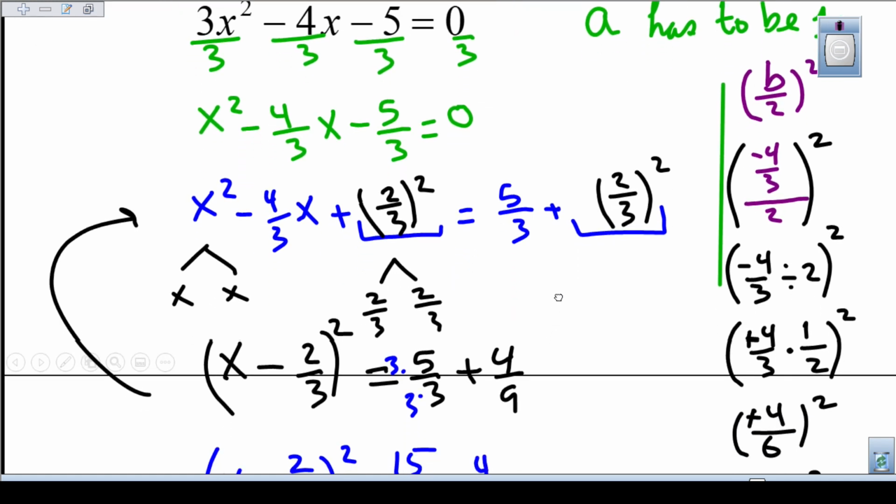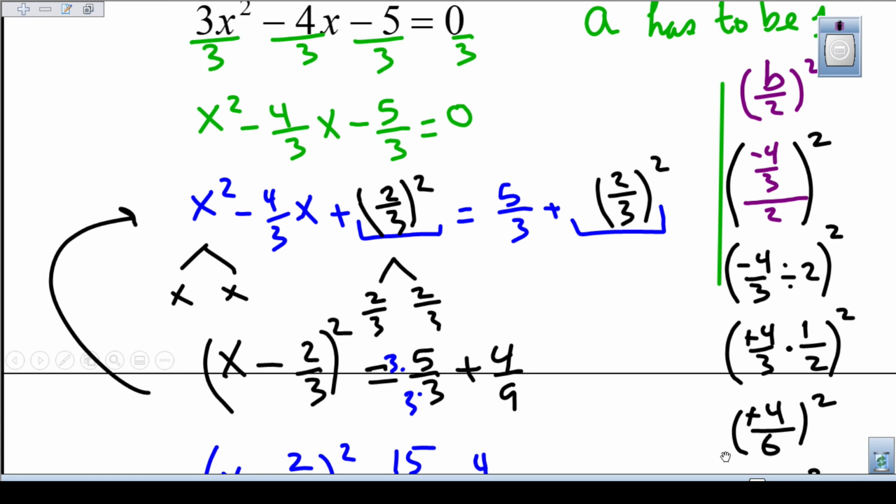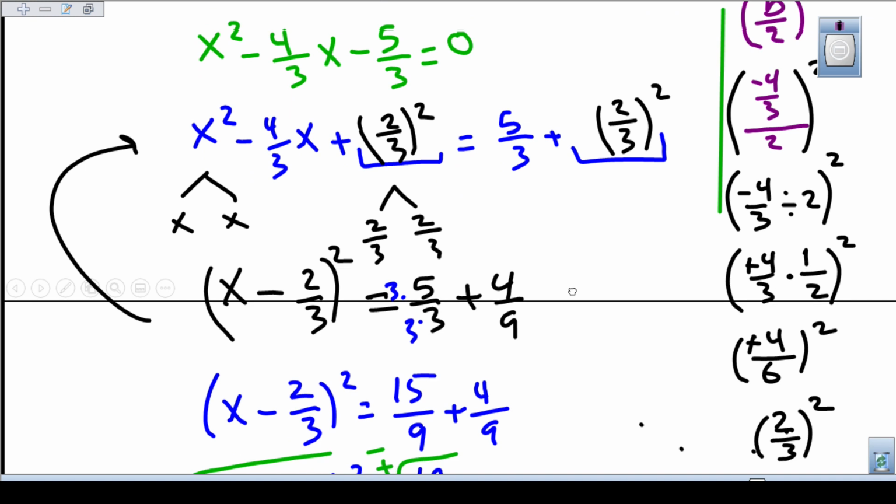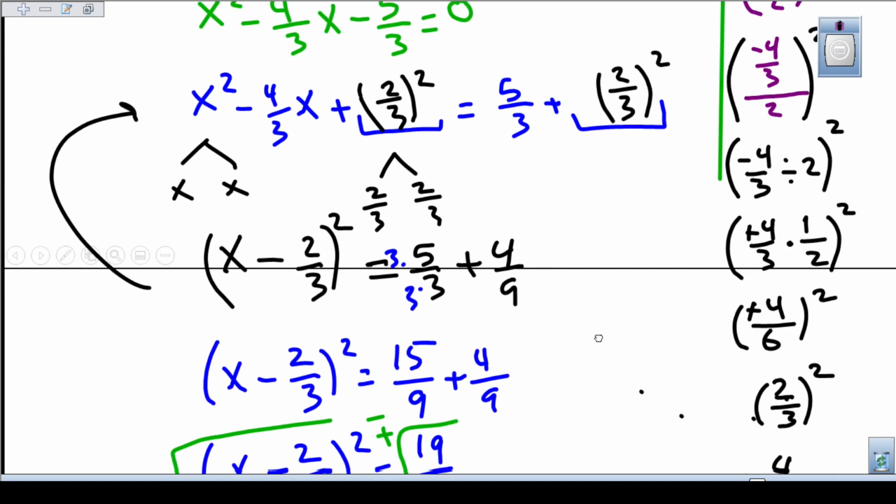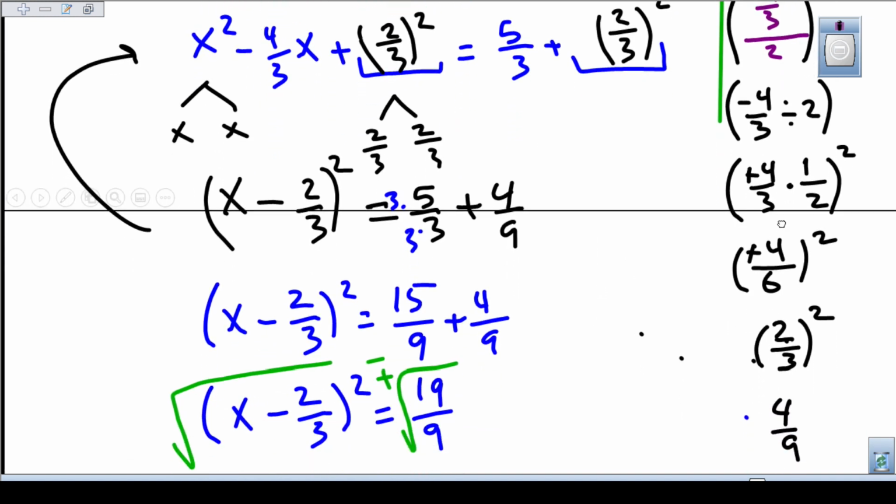You do this carefully. Obviously, I've got a lot of doodles on the right side here, as you could tell. And then you would need to fill in these buckets by the b over 2 squared. And we looked at that multiple times here. Then we found out that this is being squared, which is the x, and this item is also being squared, which is 2/3. And you borrow the middle sign here, which is negative.